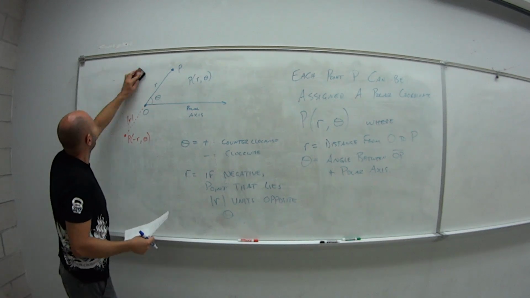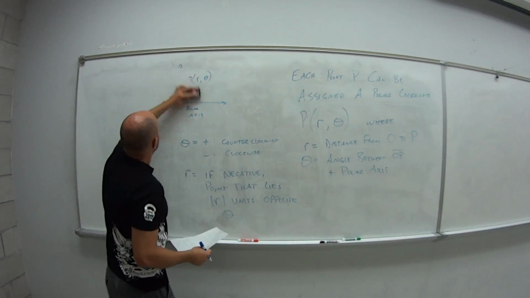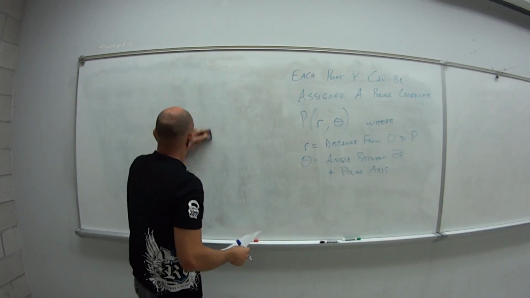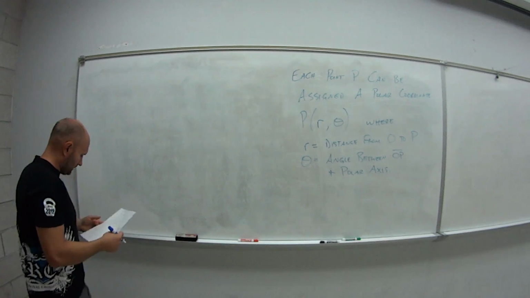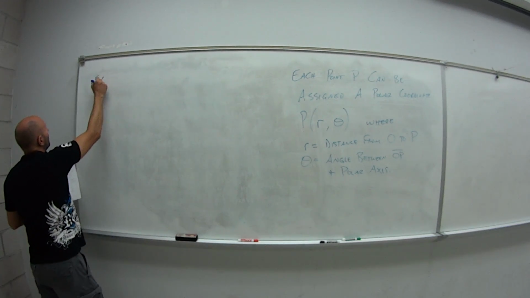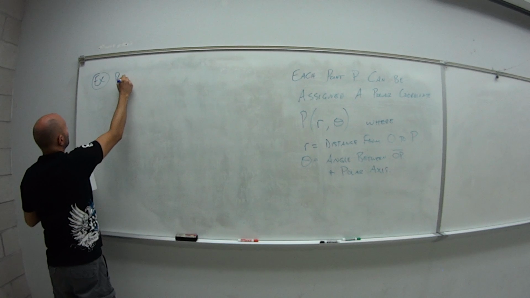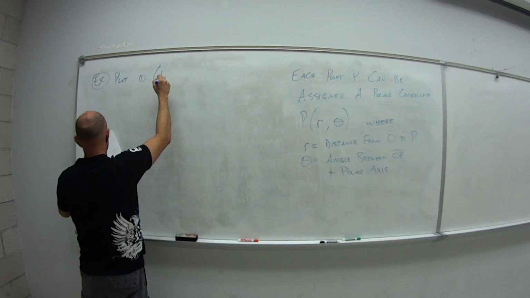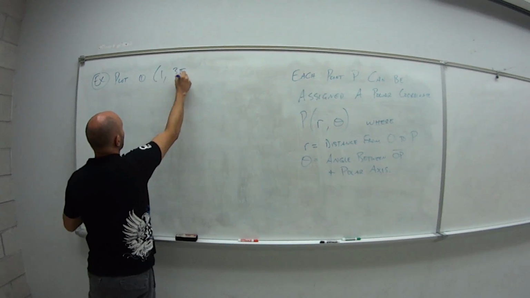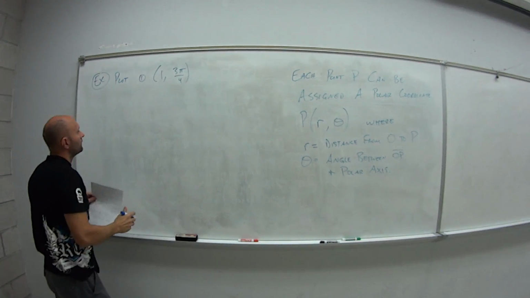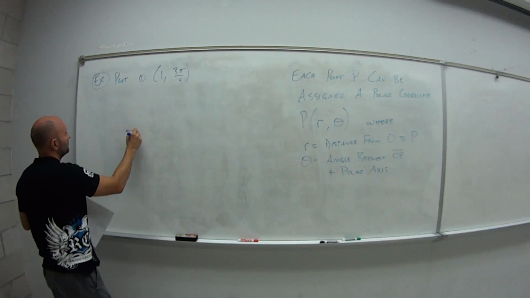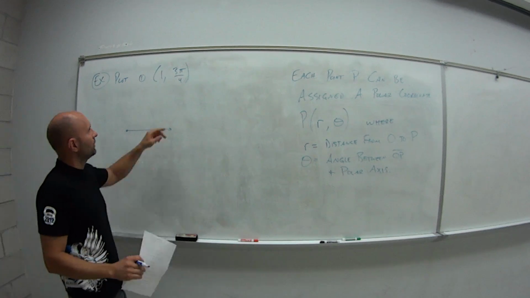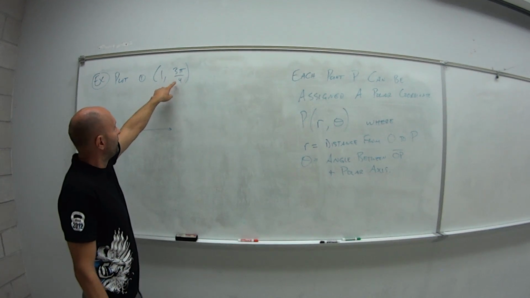Okay, so let's look at a few examples. Let's say we want to plot the point. The first one we're going to do is (1, 3 pi over 4). So I have my origin, I have my polar axis. The first thing we're going to do is move in the direction of theta.